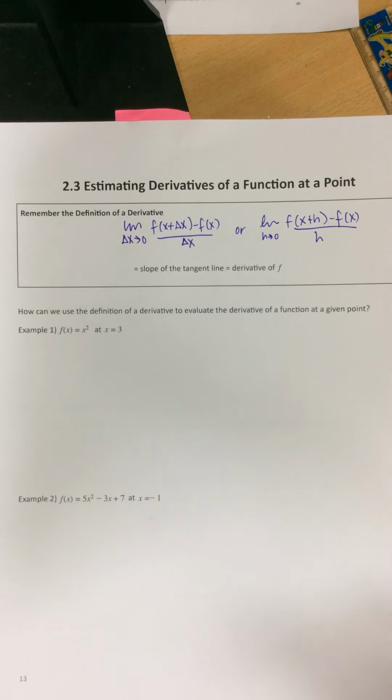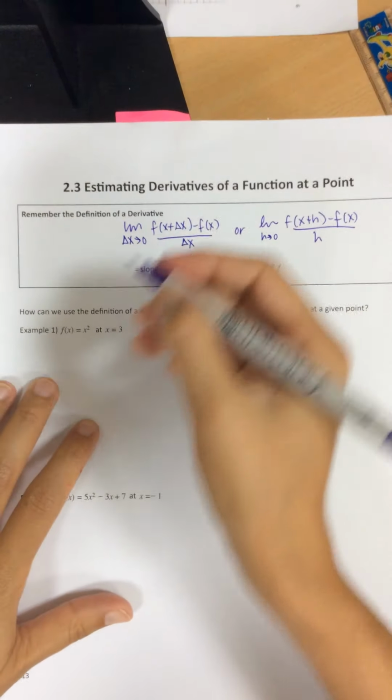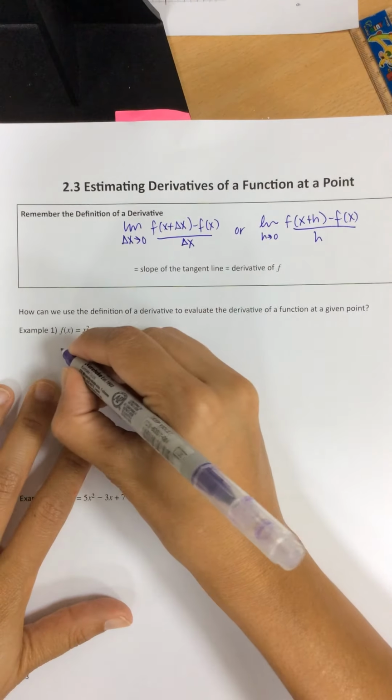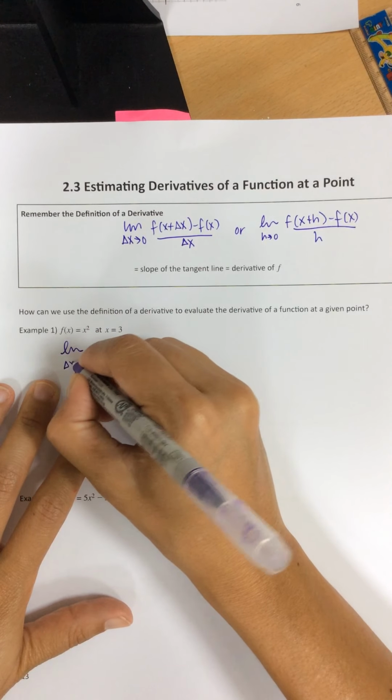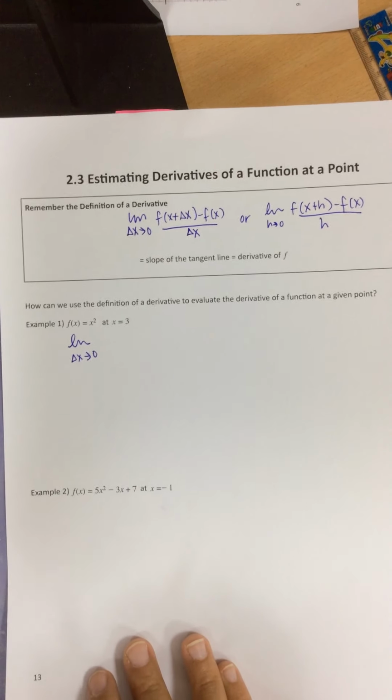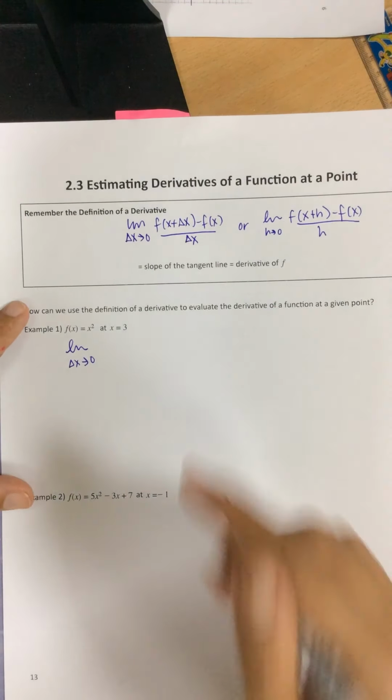Okay, so you could try to graph it, estimate it, and all that, but we can find it exactly if we use these limit definitions up here. So let's use the change in x one, this first one. So the limit as delta x approaches 0 of f of x plus delta x.